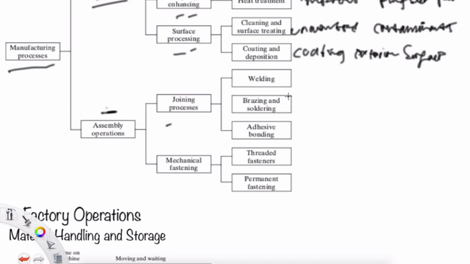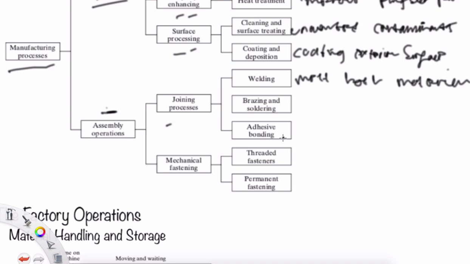Welding means joining two or more metal parts by melting both materials. Then brazing and soldering.